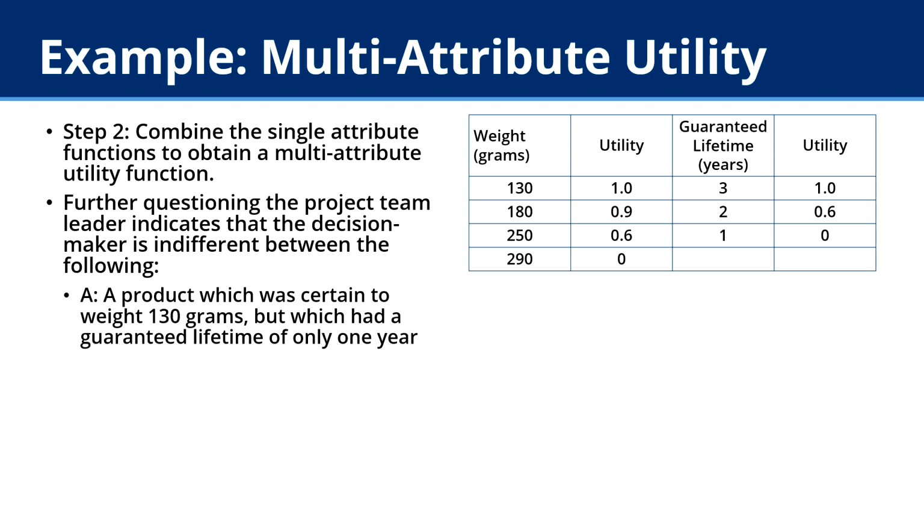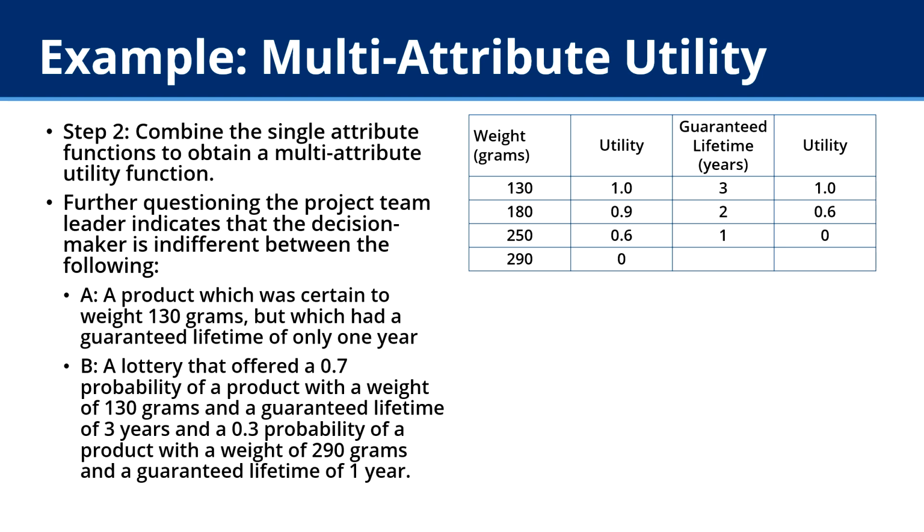And it's the worst in terms of attribute 2, the guaranteed lifetime of 1 year. So this is the best in terms of the first attribute. Option B is a lottery that offered a 70% probability that a product would weigh 130 grams and have a guaranteed lifetime of 3 years, and a 30% probability of a product with a weight of 290 grams and a guaranteed lifetime of 1 year.